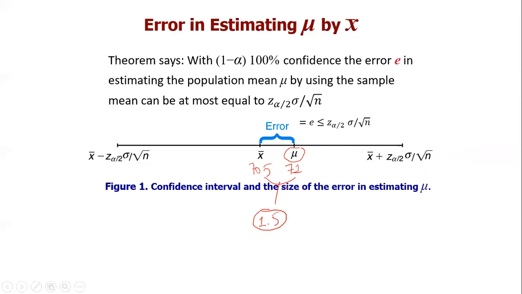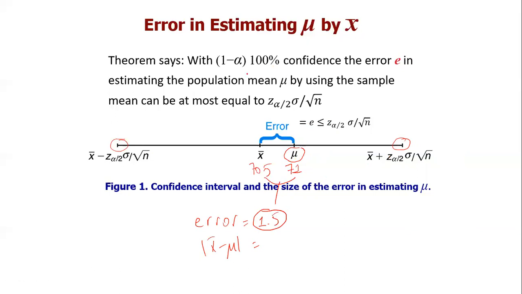Since from the confidence interval you know that mu is between the leftmost part and the rightmost part with a given confidence level, you can say that your error, which is x bar minus mu, the difference between the real value and your point estimate, is equal to 1.5 here.